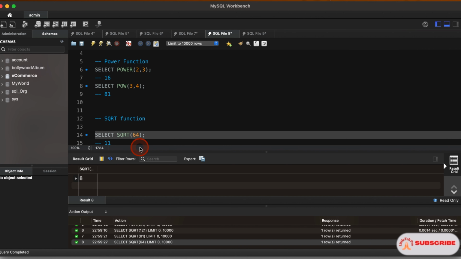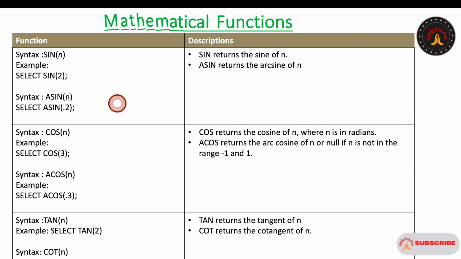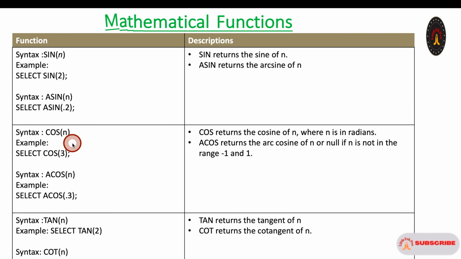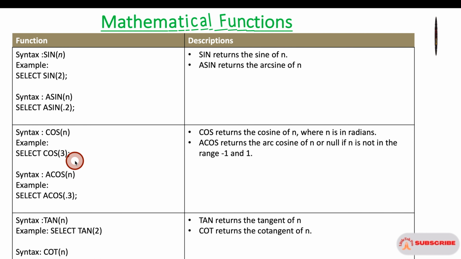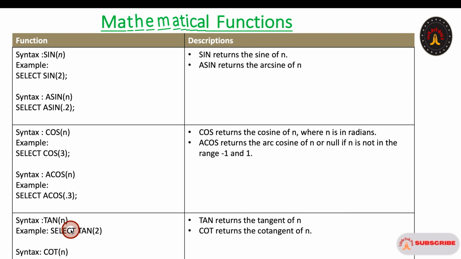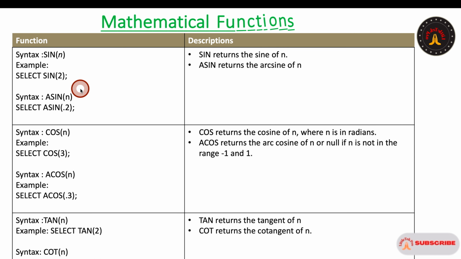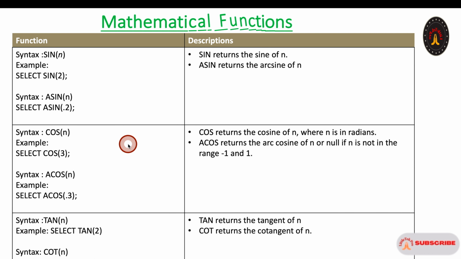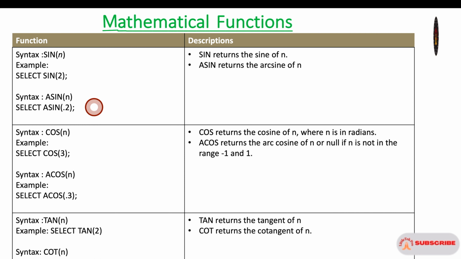So square root function. Then these are the trigonometry functions like SIN, ASIN (arcsine), COS, ACOS (arccosine), then TAN, ATAN (tangent), and COT (cotangent). They're going to return the value. When you use the arcsine, the number's range should always be between minus 1 and plus 1.